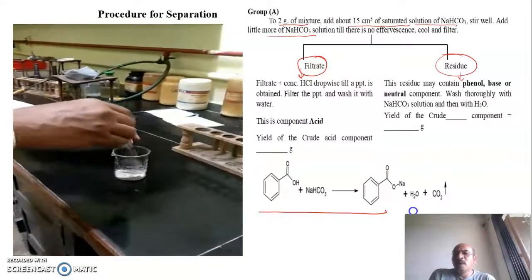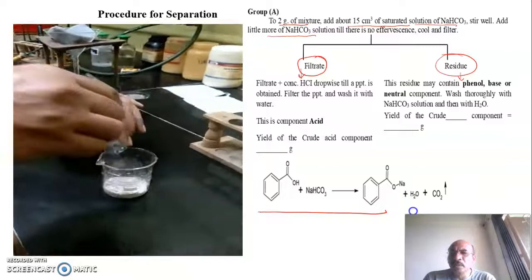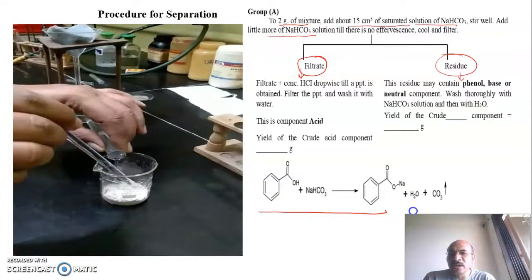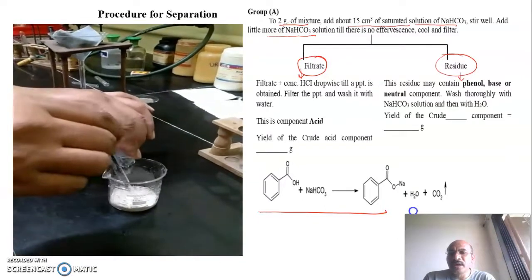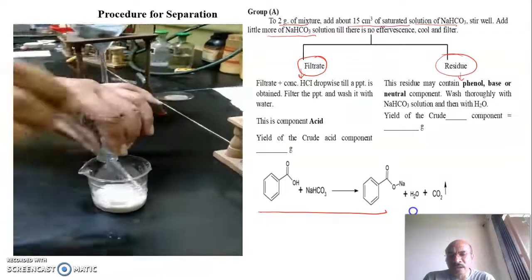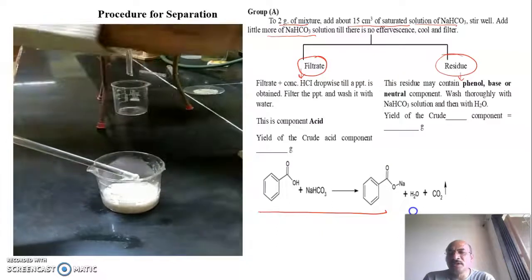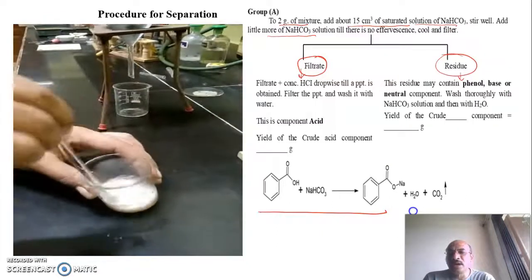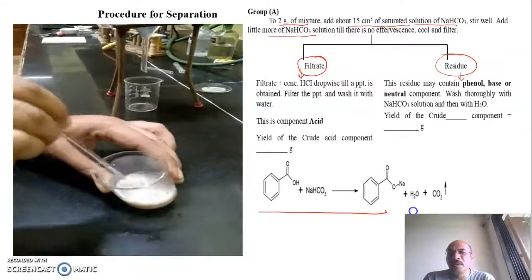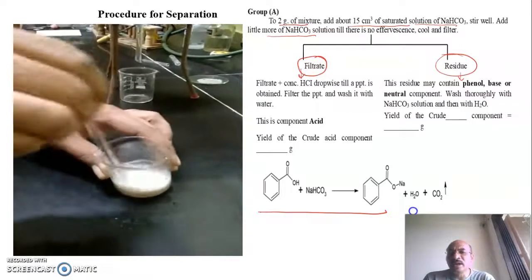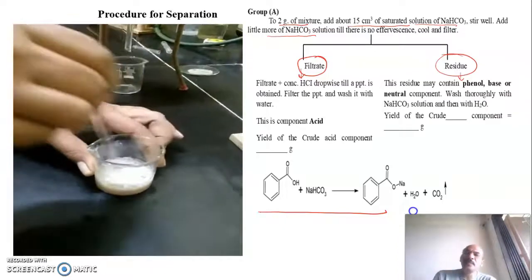In a beaker, 2 gram of mixture is taken. One test tube of sodium bicarbonate with stirring I am adding. A reaction of the acid component is taking place there with sodium bicarbonate. Effervescence of CO2 is coming out. I am hastening that reaction with stirring.